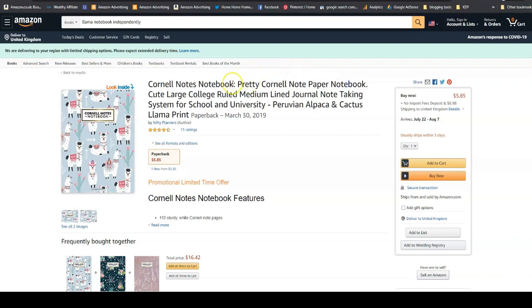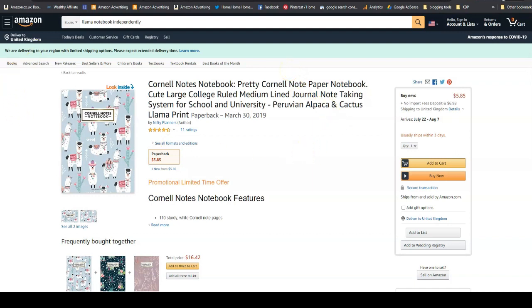I would have made the subtitle something like Pretty Alpaca Cactus Llama Cover Notebook for School and University. Something like that. I would look to see if school and university is something that people are looking for, and if they do, then I would include that. So I would just keep it a bit more concise. There are a few words that are repeated, and that's not necessary.